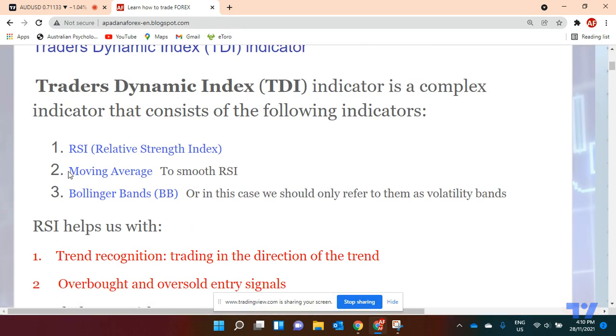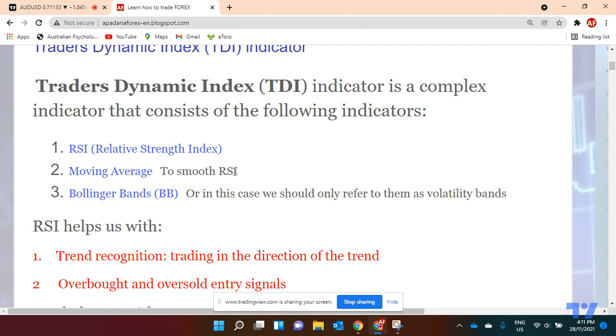The other indicator used in this is the moving averages. As you know, moving averages are used to define the RSI parameters, and it helps to smooth RSI. Just mention that, so you know what is the background of the calculation on this indicator.